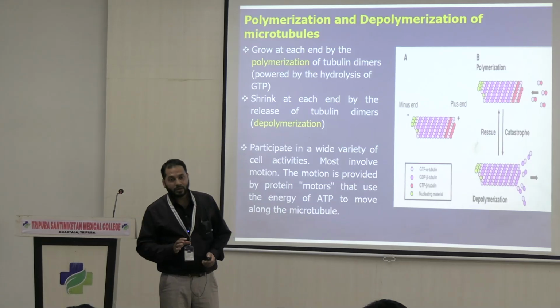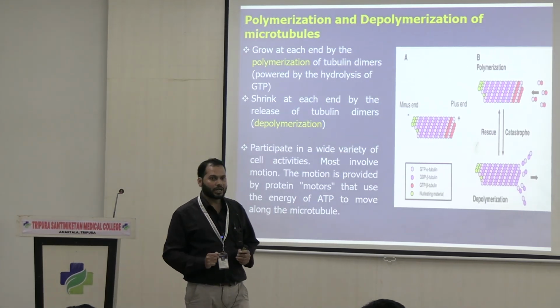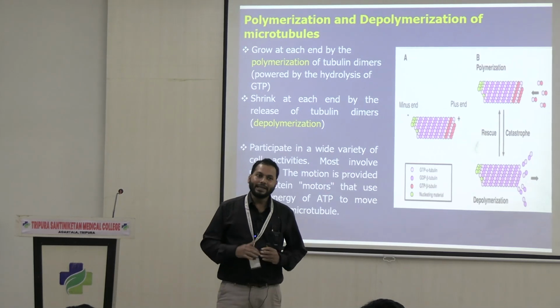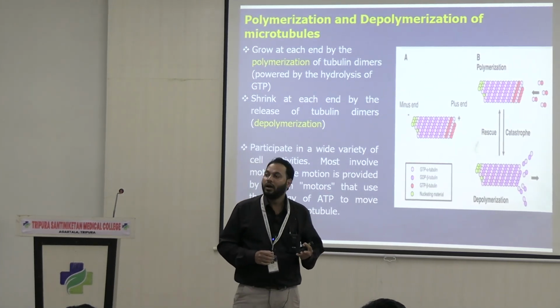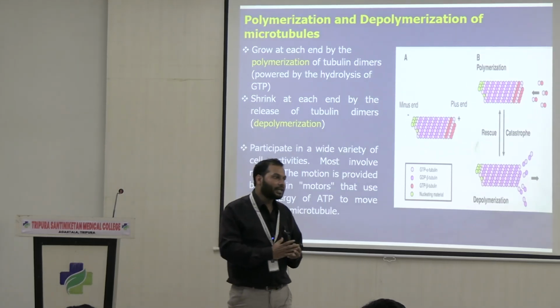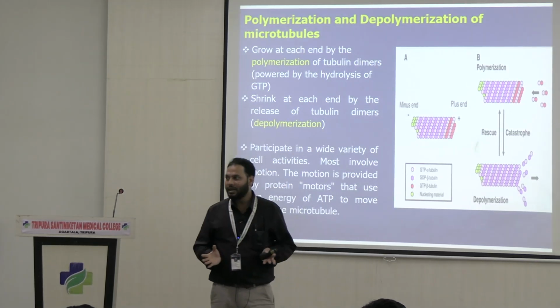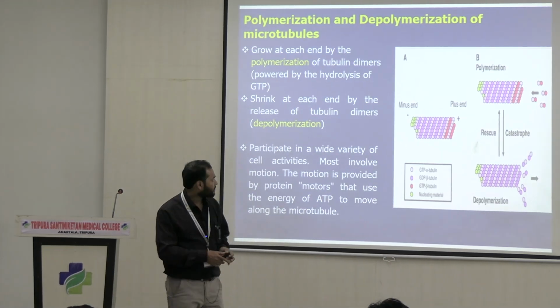See here, the microtubule, as I mentioned, is a very dynamic structure. It can assemble or polymerize, and it can disassemble or depolymerize. Both polymerization and depolymerization depend on the requirements of the cell.